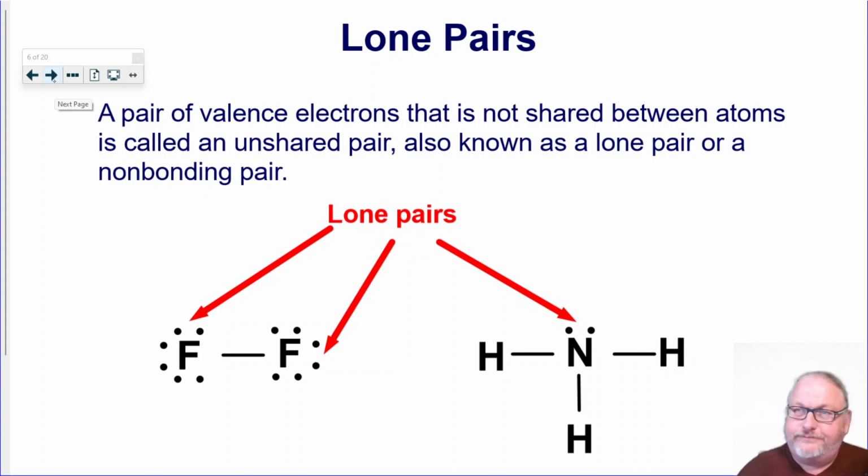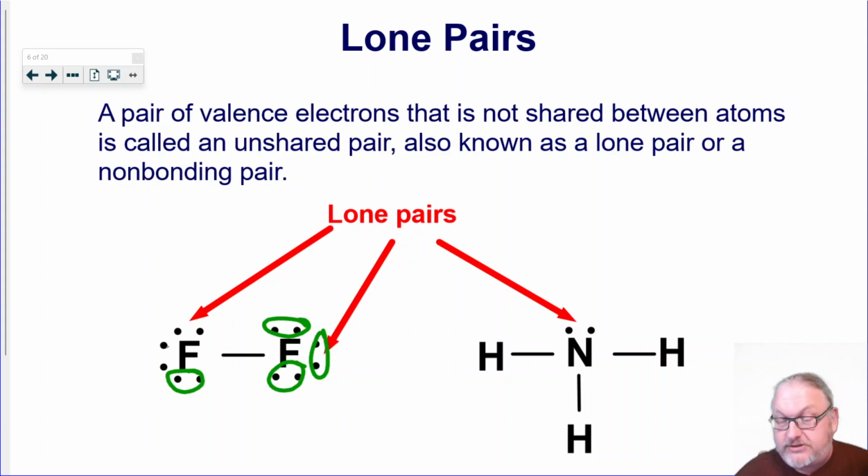If a pair of valence electrons is not shared, we call that a lone pair, or a non-bonding pair, because it's just out there. Each of those is a lone pair.